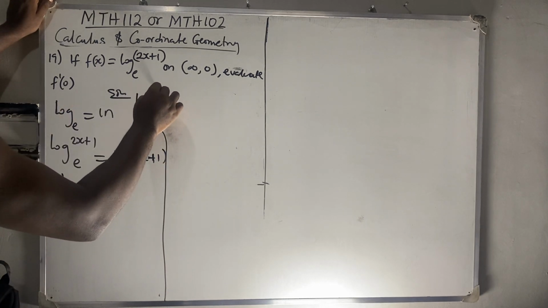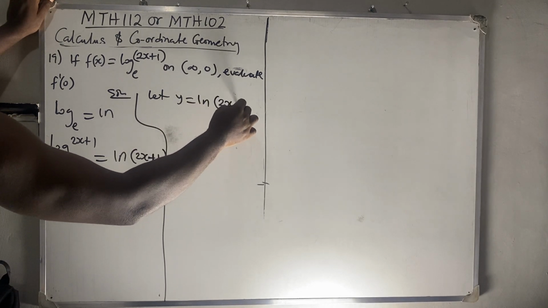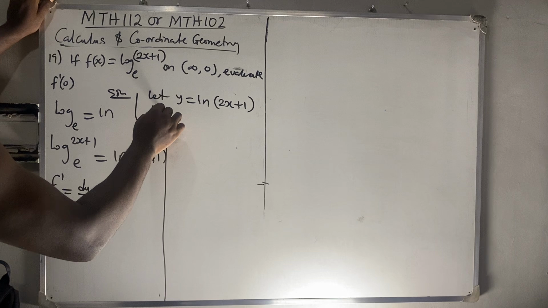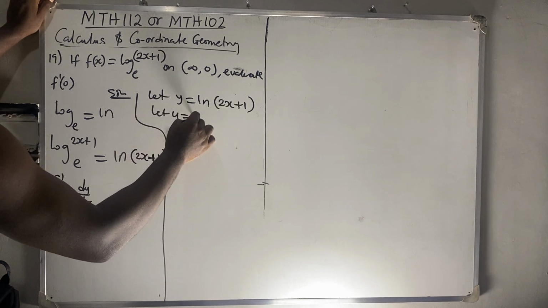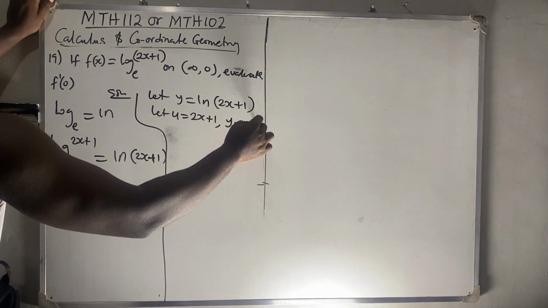We can say let y be equal to ln(2x plus 1). And then we'll say let u be equal to the one in the bracket, 2x plus 1. So therefore, my y will now be ln u.